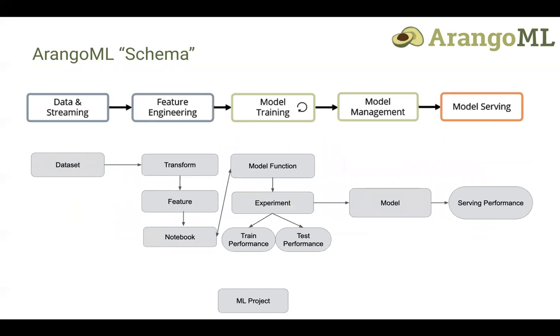ArangoML Schema. I put schema in quotation marks simply because there isn't a fixed schema. We have default entity types describing, for example, a data set, describing a transformation, which are more first-class citizens in the UI and other queries. But nothing stops you from creating your own type here.